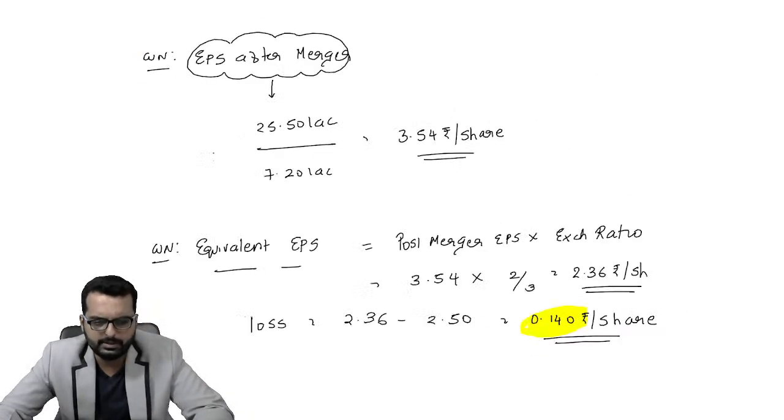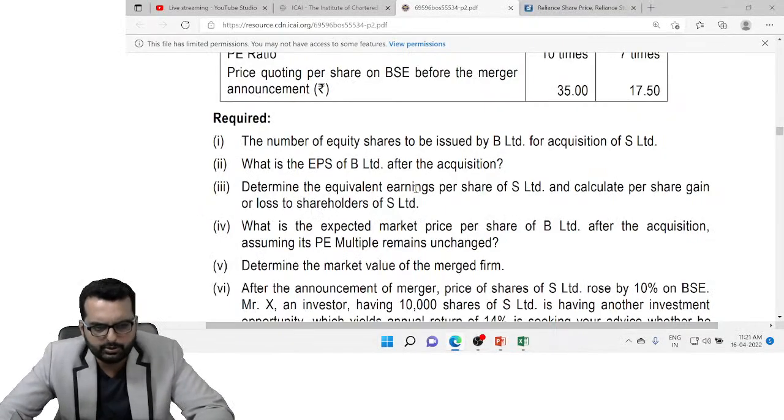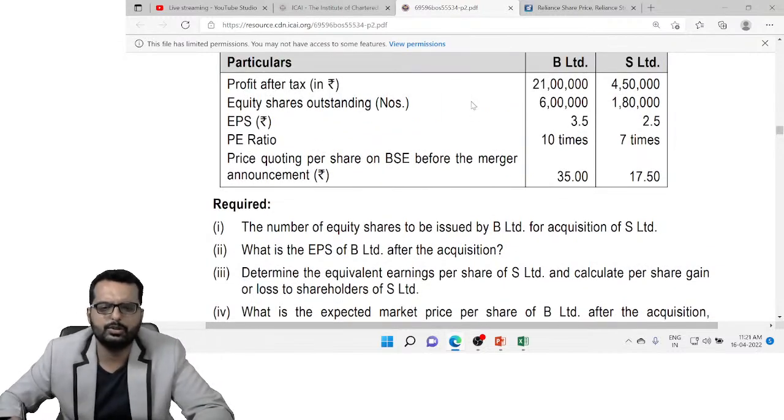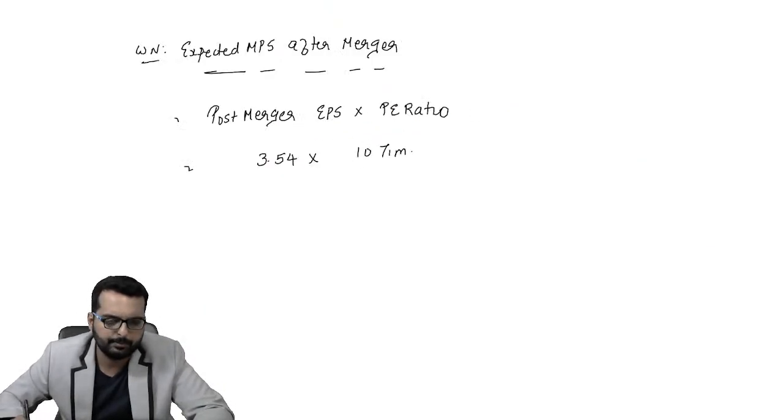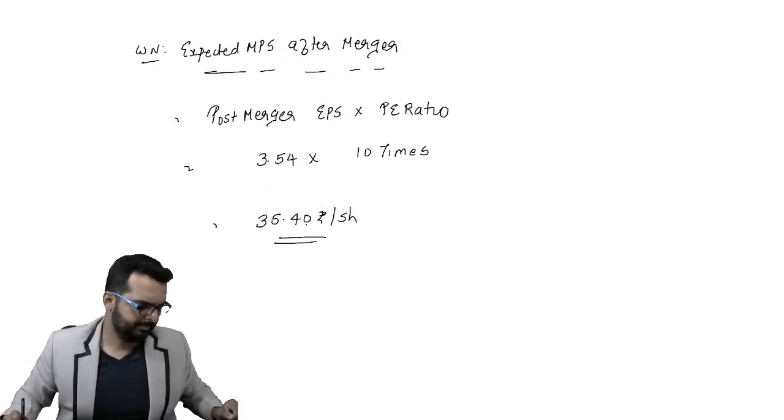So how much is the post-merger EPS that you get over here? 3.54 into the PE ratio. How much is the PE ratio? It is turning out to be 10 times. So I'll get the answer as 35.4 rupees per share.